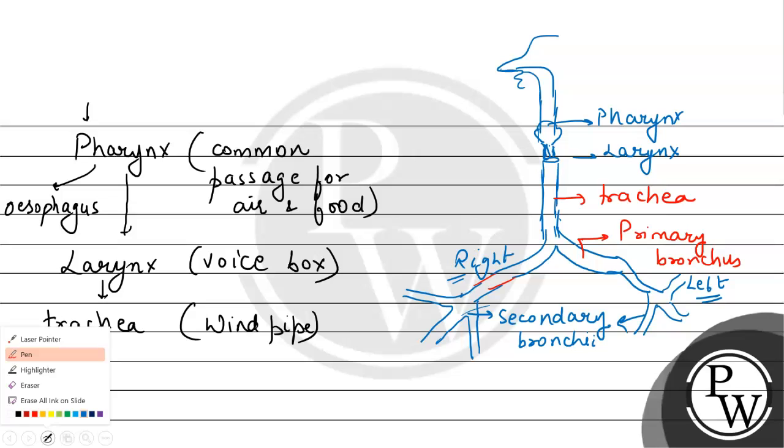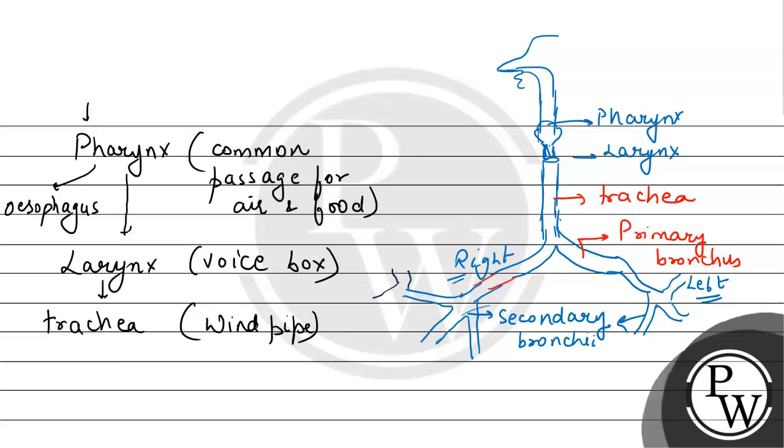Further, the secondary bronchi divide into various more branches. Here also, on the left side, it takes place in the same manner. Now these further branches are actually the bronchioles.